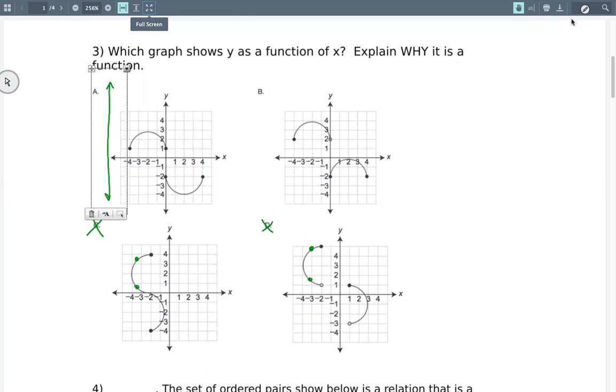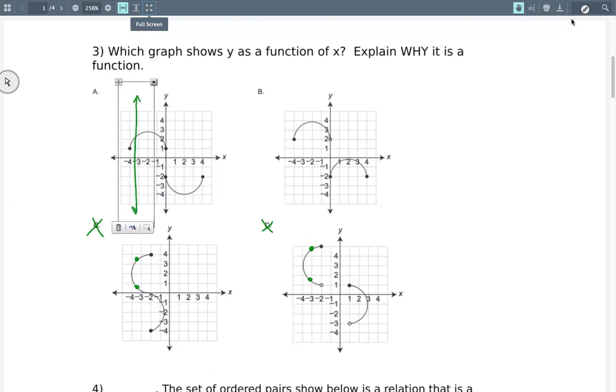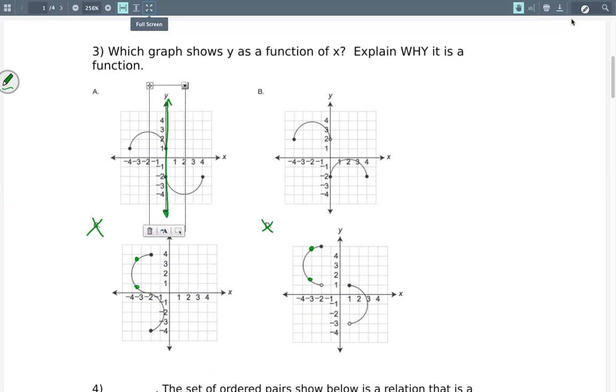Now you might be wondering why A and B are on here, because it's pretty much the same exact diagram. Well, here's why. With A, notice right here, I have two closed circles, right there and right there. Two closed circles means that both those points are included. So therefore, my graph touches my vertical line twice right there.